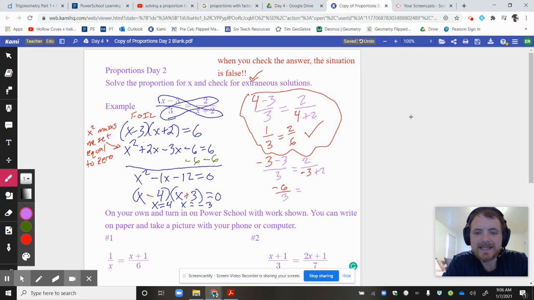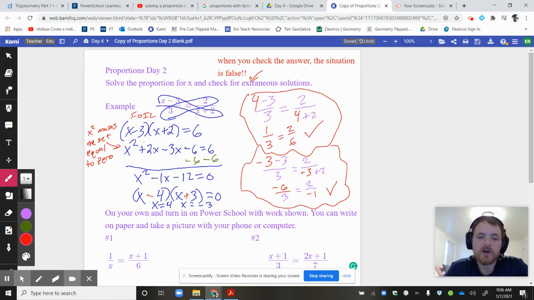And then I get a 2 on top and a negative 1 on the bottom. So as you can see, negative 6 over 3, that is going to be negative 2, and 2 over negative 1, that is also negative 2. So this also works out. So both are legit. There are no extraneous solutions. Those are my two answers to solve this proportion.